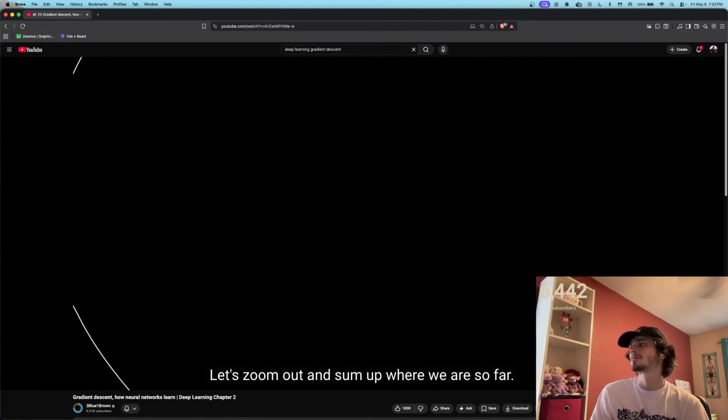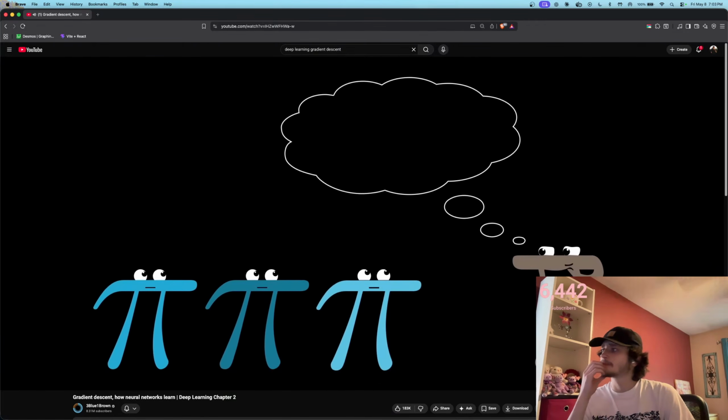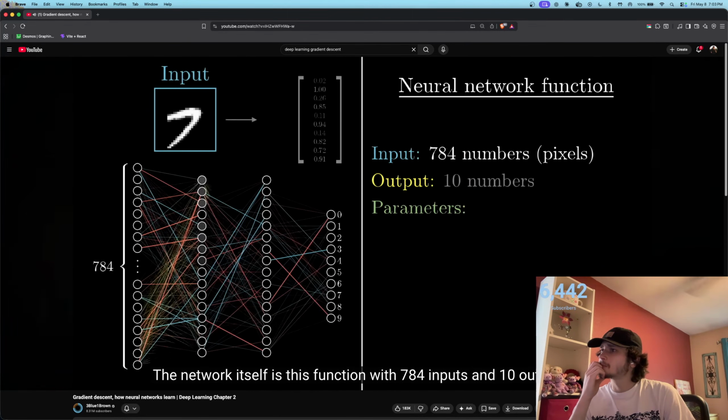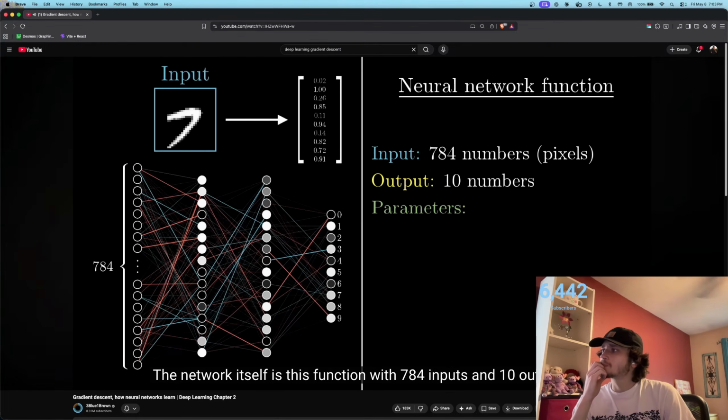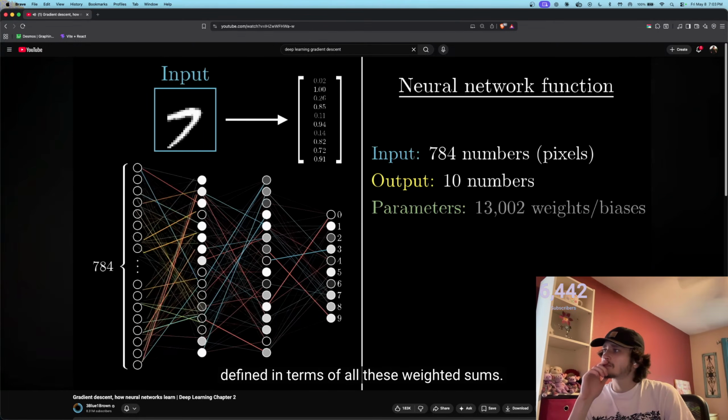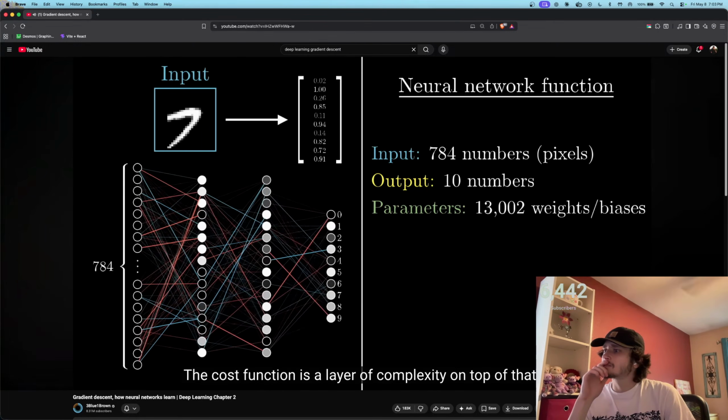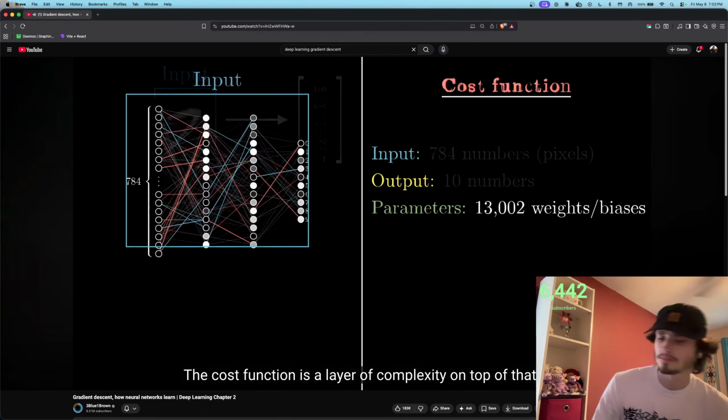All right, let's zoom out and sum up where we are so far. The network itself is this function with 784 inputs and 10 outputs, defined in terms of all of these weighted sums. The cost function is a layer of complexity on top of that.